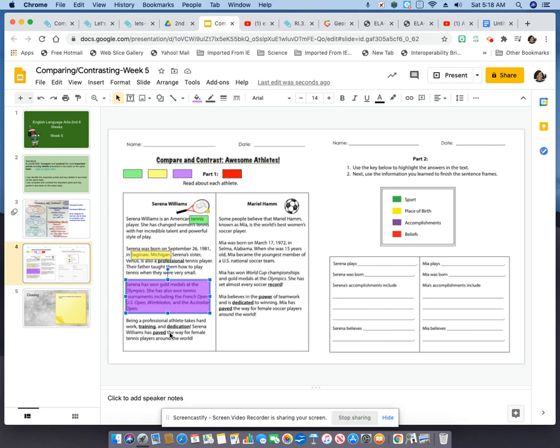So her belief in red, we're going to highlight this. She believes that it takes hard work, training, and dedication to be a professional athlete. So we're going to highlight that.